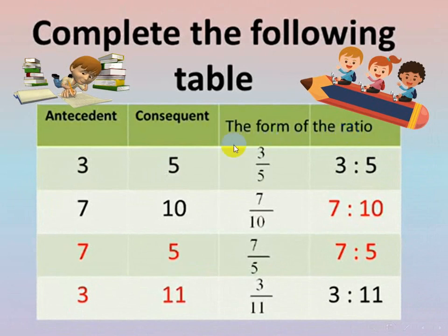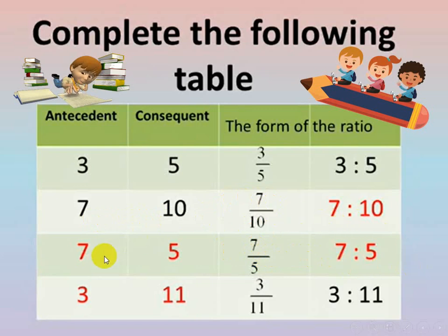When the antecedent of the ratio is 3 and the consequent is 5, the ratio will be 3 over 5, or 3 to 5. When the antecedent of the ratio is 7 and the consequent is 10, the ratio will be 7 over 10, or 7 to 10.